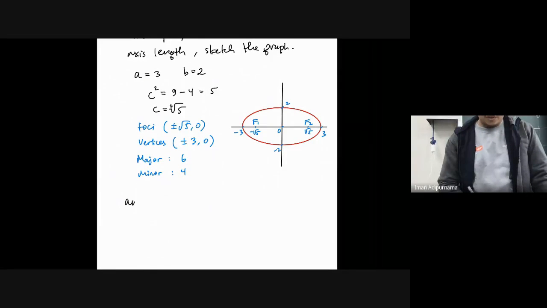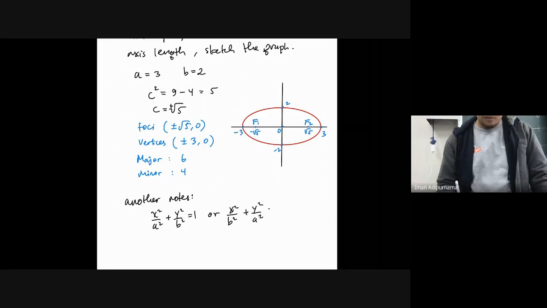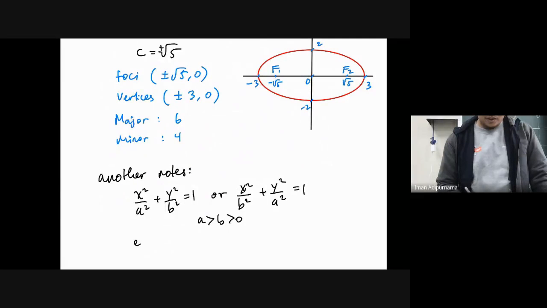Okay, another note for the ellipse. So let me write the equation. We have E as eccentricity.